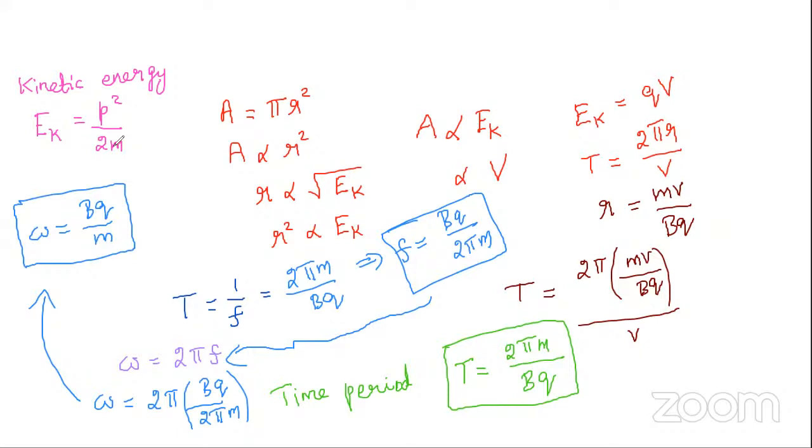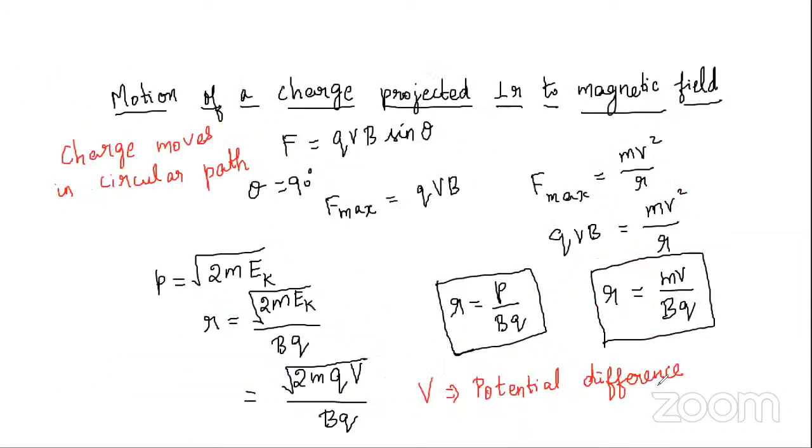And of course, we know very well that p equal to BQR, from the previous slide. Here you can see R equal to p by BQ.